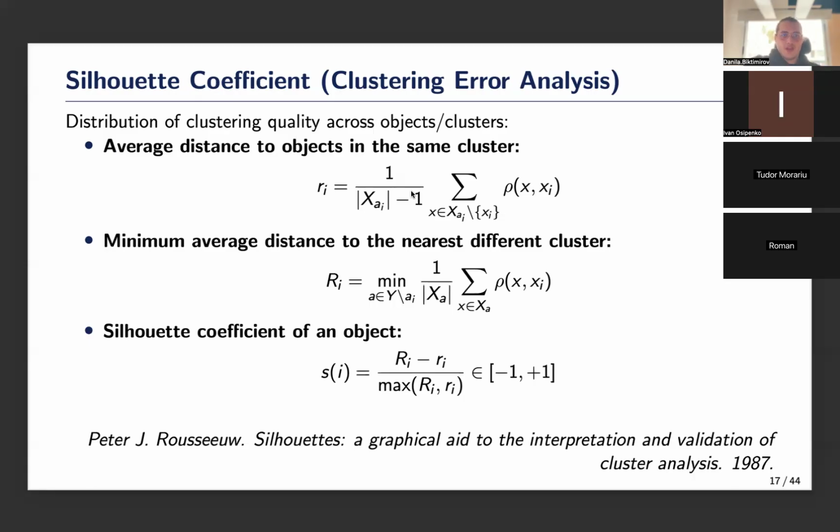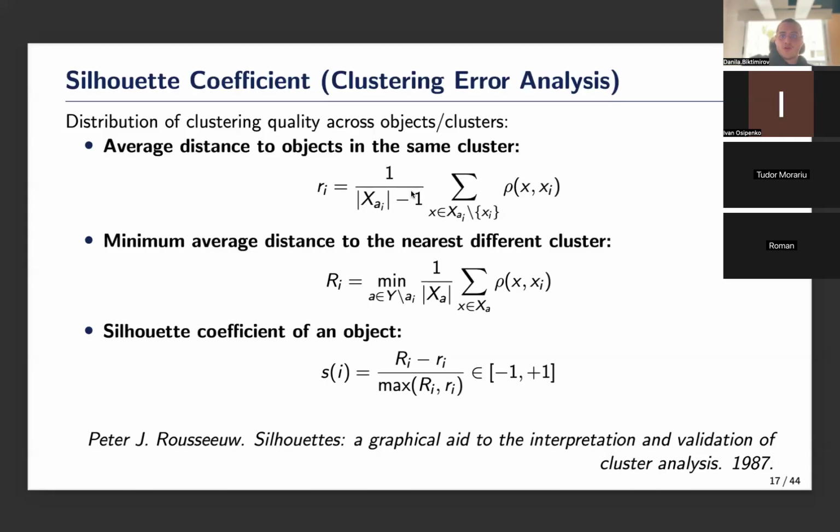And second, the average nearest-cluster distance, big R. This measures the distance from the point to the nearest other cluster. A higher value indicates that the point is well separated from another cluster. And we have the silhouette score computation. The silhouette coefficient for each point is given by this formula.